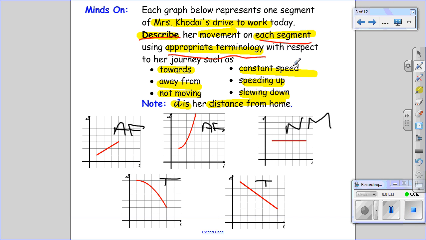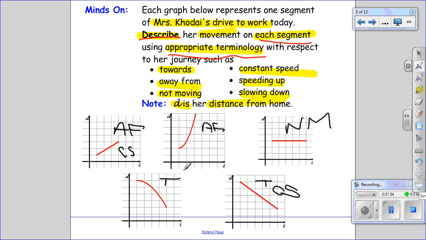Constant speed means every second the distance changes exactly the same amount. Well, that would be shown with a straight line that's either increasing, as that first one was, or decreasing, as this last one here is. Speeding up would indicate it's nonlinear, as would slowing down.